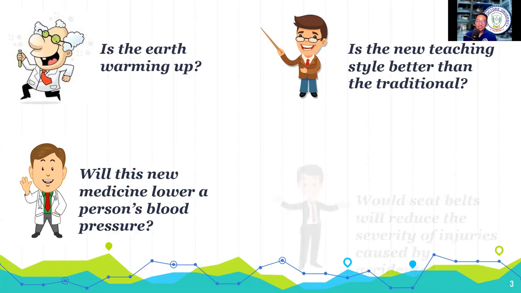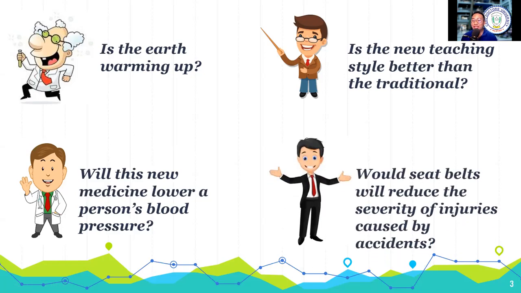Anyway, let's proceed to the next question. Would seat belts reduce the severity of injuries caused by accidents? For those people who have cars, who know how to drive, would you agree with this statement?